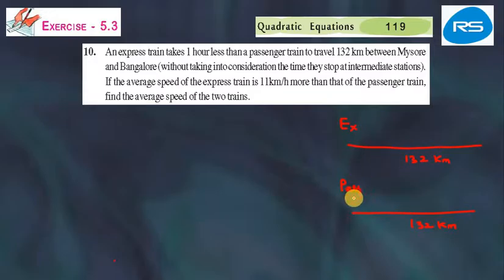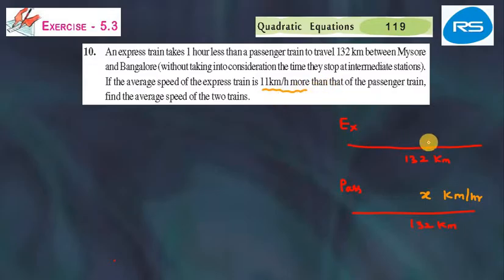So the speed of the passenger train, I am taking it as x kilometers per hour. Suppose I am assuming that the passenger train speed is x kilometers per hour and the express train speed is 11 kilometers per hour more than that.